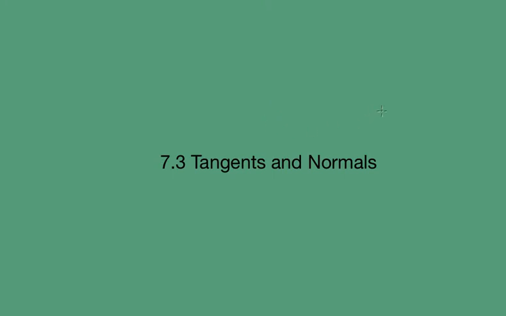Okay, today we're going to be thinking about tangents and normals. So if we consider a curve, let's do something like this, and the tangent is going to be a line that's tangential to the curve.